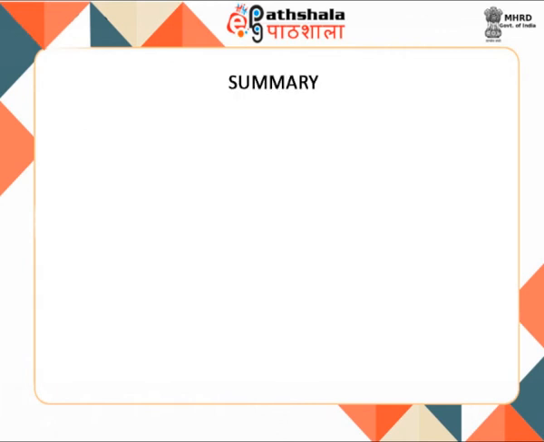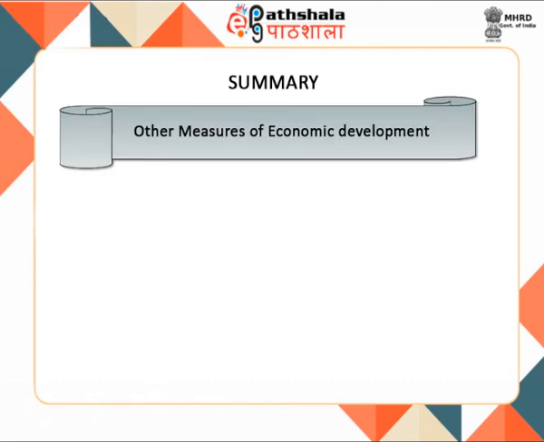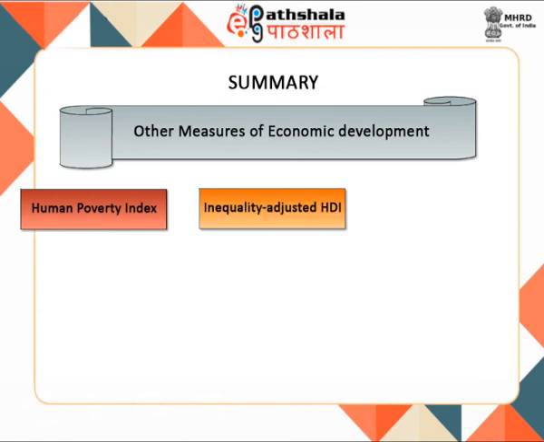In this module, we have learnt about some other measures of economic development that can be taken into account to analyze the development level of an economy. We have mainly focused on the Human Poverty Index, Inequality Adjusted Human Development Index, Gender Related Development Index, and Gender Empowerment Measure.